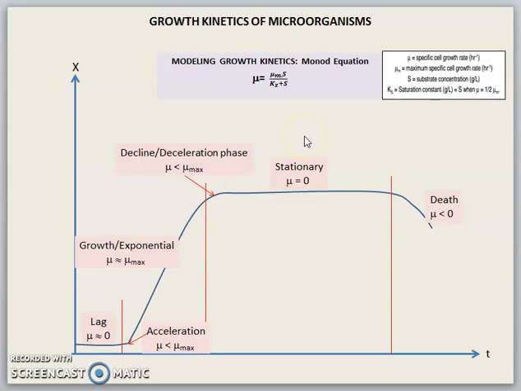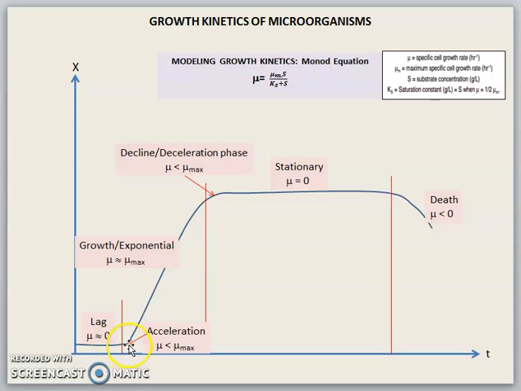Before we go further, we have to understand the phases of the growth of the cell or microbes. The growth of the microbes starts with the lag phase, in which the kinetic rate, represented by the specific growth rate mu, is nearly equivalent to 0.